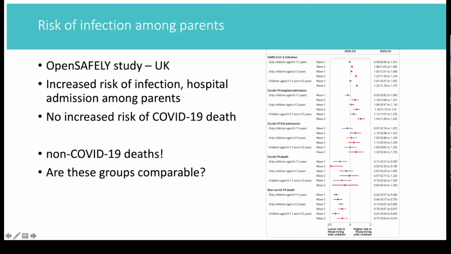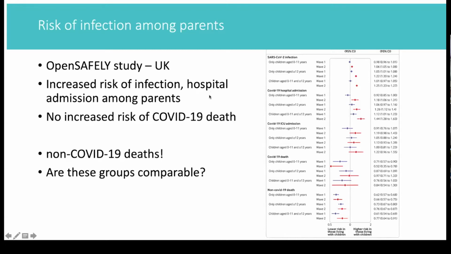And if you look at less biased studies, so we know that cases in children based on symptoms will be underestimated because children are more likely to be asymptomatic. But what if we look at their parents or their teachers? There are many studies across the globe that have now looked at whether parents are at greater risk of being infected, and they all come to the same conclusion. So this is a huge study of millions of people across the UK, which showed that parents had a higher risk of infection.